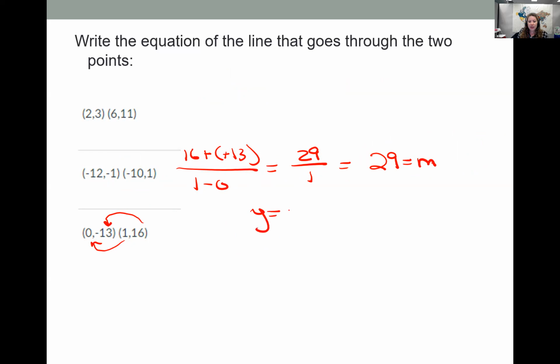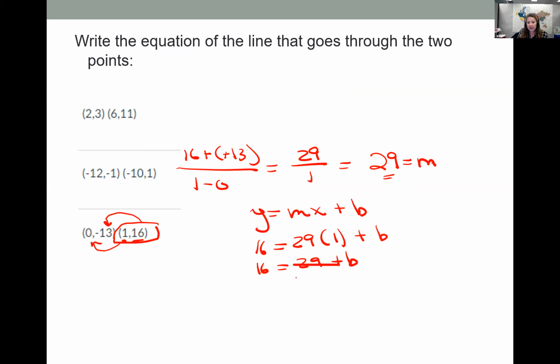Now I use my equation, plug in what they give me. So what do I want to use? Let's use, I don't know, it doesn't matter. All right, our y is 16. Our slope is 29. Our x value is 1. So now I'm going to multiply 29 times 1.